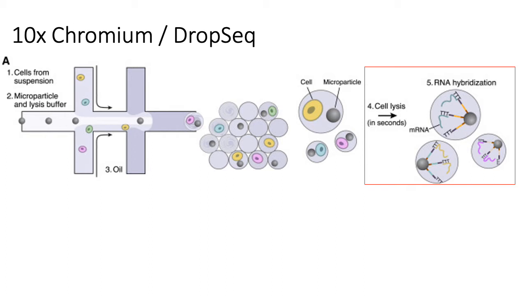And so the key idea here, and we'll show this later on the next slide, is that for every bead, all of the primers hanging off of that bead have the same unique cell barcode. And this cell barcode basically allows you to later on identify that all the mRNA that hybridized to that bead came from the same cell.